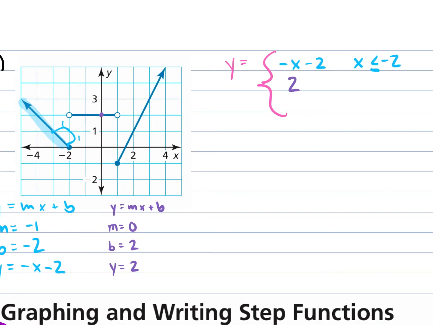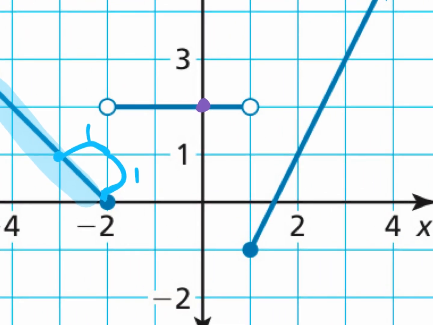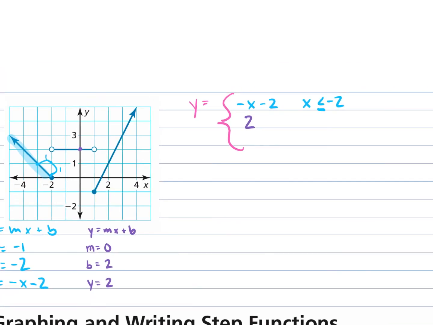Now, for this piece, what x values? -2 and 1. Perfect. Our graph only goes from -2 to 1, just looking at the x values. So x is going to be in between -2 and 1.